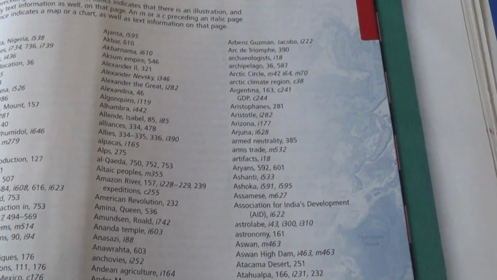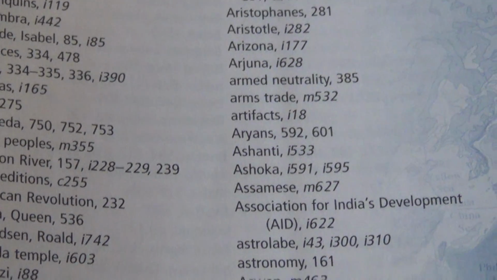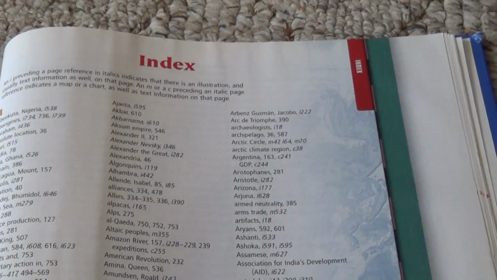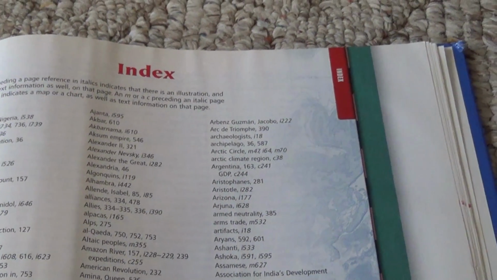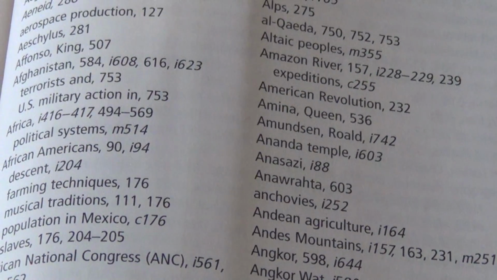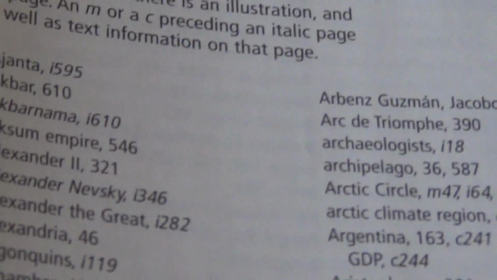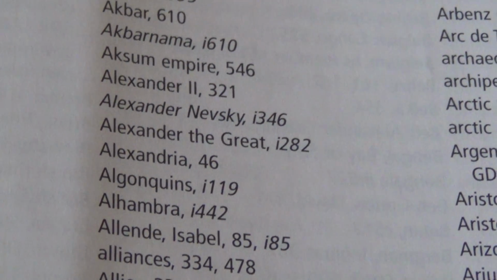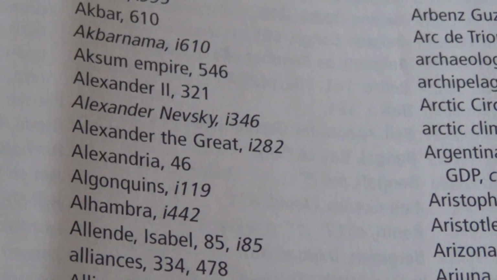The index, and here I am on R53 in the back of the book, gives you a list of topics along with their page numbers that you can read. So if Robert needs information about Alexandria or Alexander the Great, he could go to the index and get that page number.